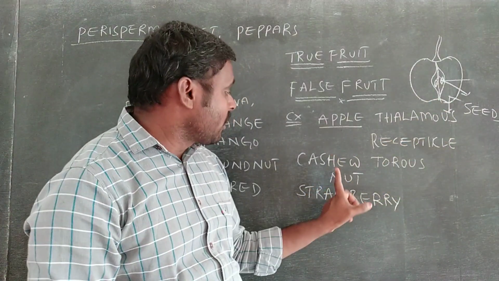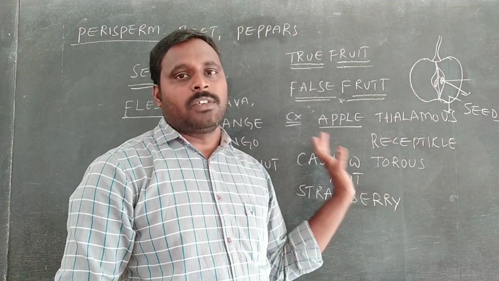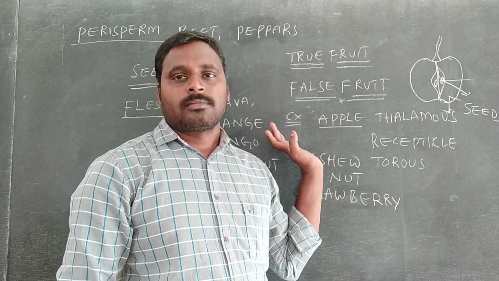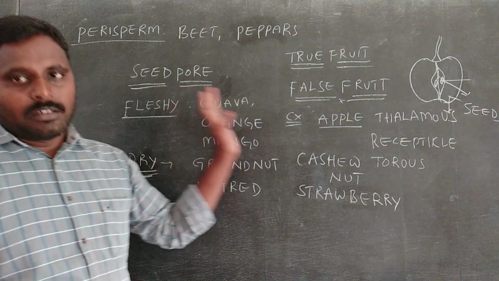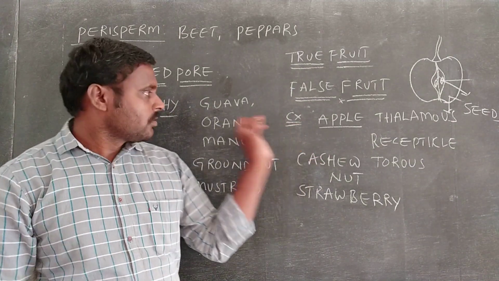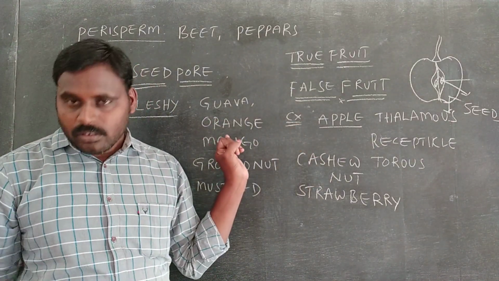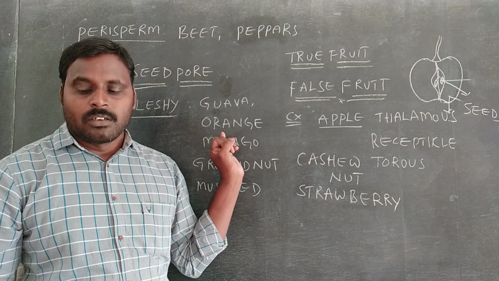That's why false fruits are always associated with true fruits. I hope you are clear. So these are the different types of fruits: false fruits and true fruits.